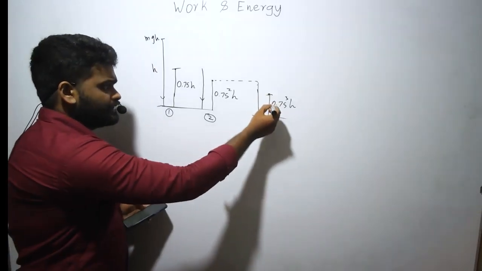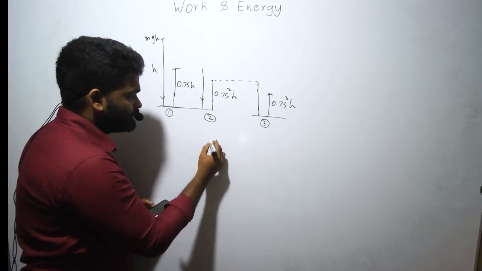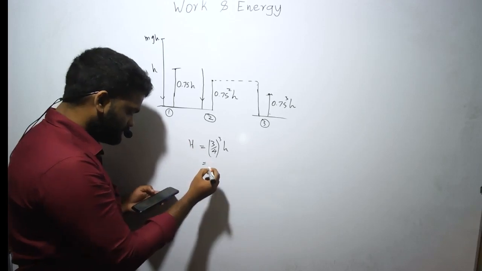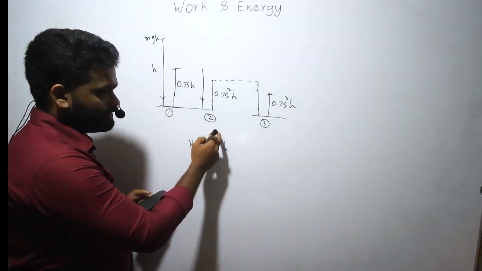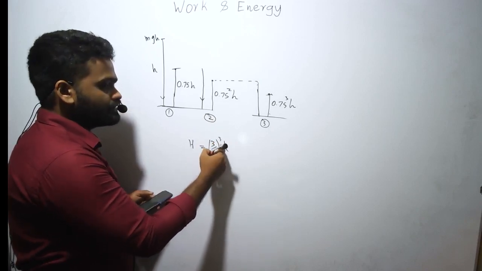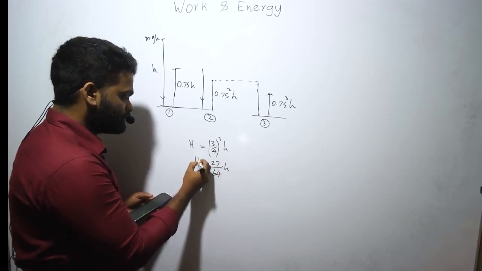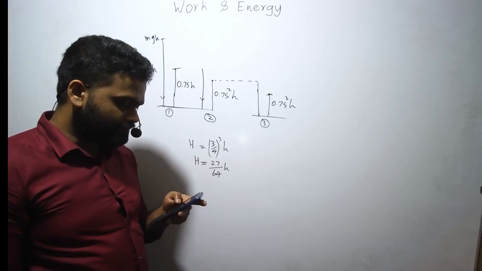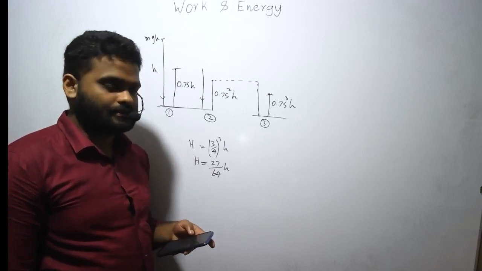After the third hit, the ball reaches 0.75 cube, 3/4 cube h. 3 cubed means 9 times 3, that is 27. 4 cubed is 64. So the height H is 27h divided by 64. So it should be the second answer, right? Second answer.